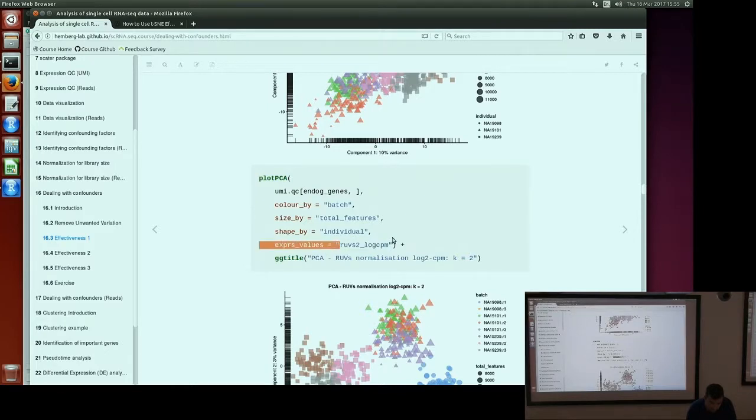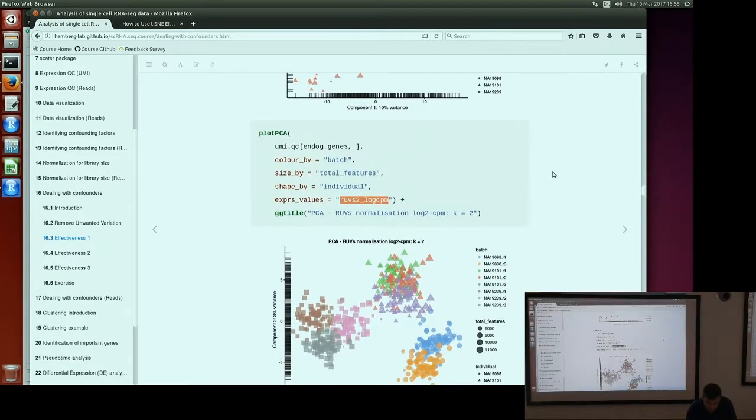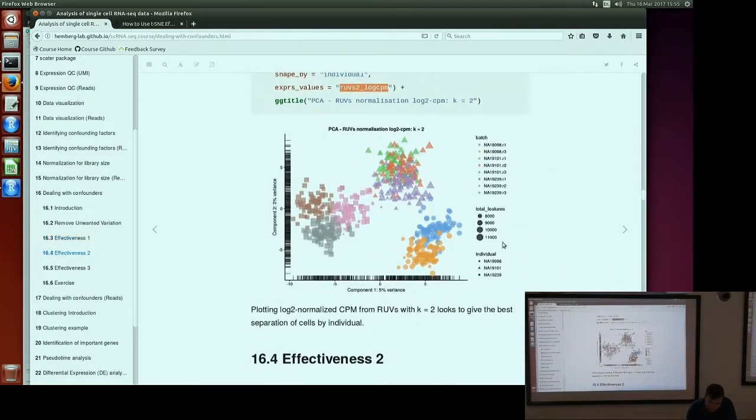If we then plot the log expression values from RUVs with K equals 2, which is of course a more appropriate thing to do, we're seeing nice separation of the individuals. For this particular individual, it looks like we have quite effectively removed that batch effect, since mostly the cells from that individual are overlapping each other.